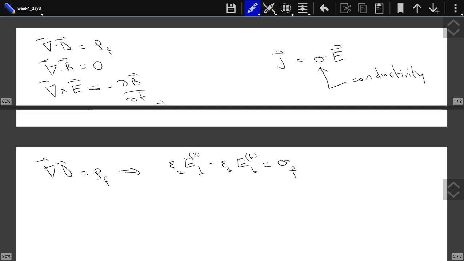If this is your surface and you send your wave in oblique incidence where the B field is parallel to the surface, just like the example we studied in the case of non-conducting media, the electric field has both a parallel component and a perpendicular component, and this perpendicular component could create some surface charge density because it will cause charges to move perpendicular to the surface, so some charge will accumulate on the surface, or there will be a depletion of charge on the surface. That is something you need to take into account if you study oblique incidence on a conducting surface.